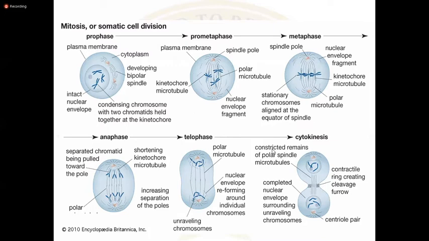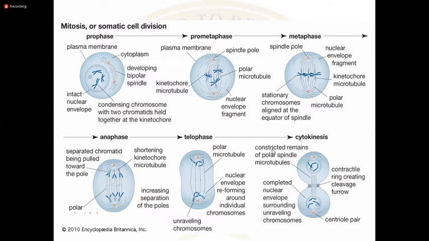So each chromatid will be receiving one long arm and one short arm. If you know the structure of a chromosome, it will have one long arm and one short arm held together by a centromere, right? So on each side you will get one long arm, one short arm. So equal distribution of the chromosomes occurs here.